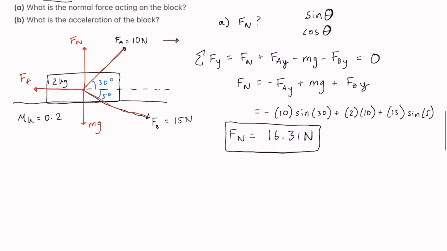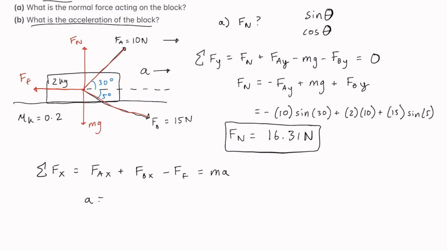Moving on. Now we're asked to find the acceleration of the block. Since our acceleration is in the x direction, we're concerned with the forces in the x-axis for this problem. So let's write our sum of the forces in the x direction. We get Fax plus Fbx minus the opposing force of friction, and we'll set it equal to ma.